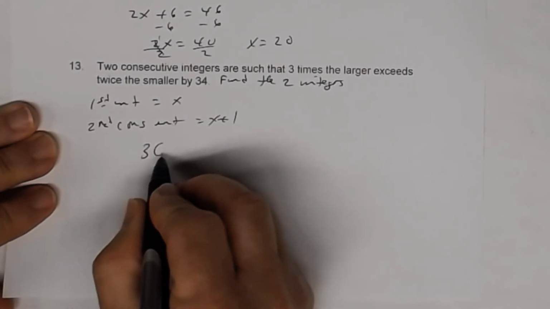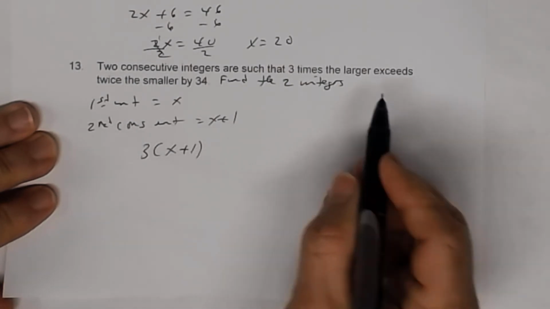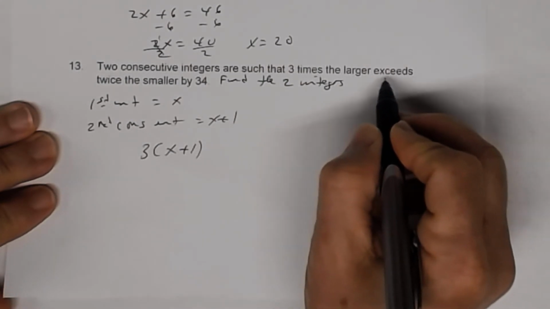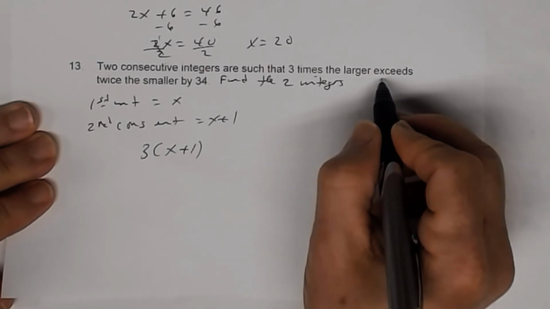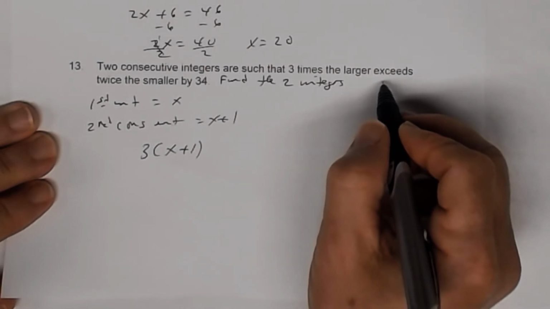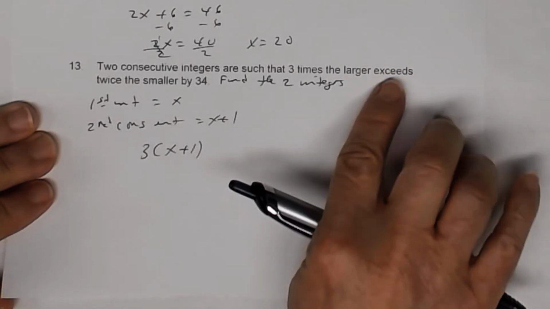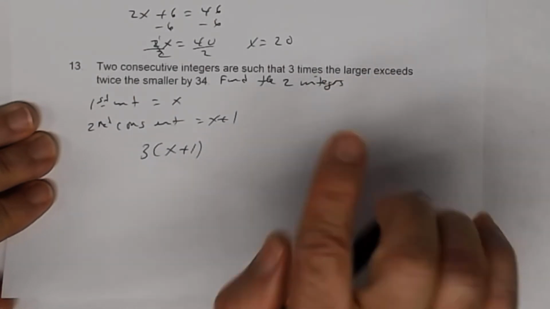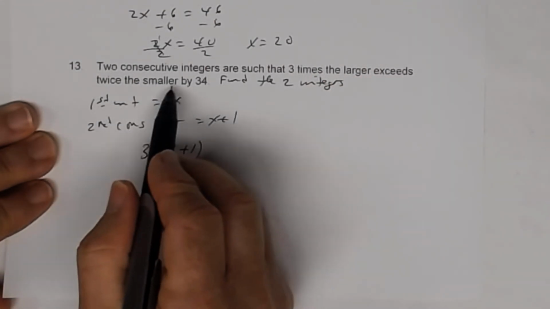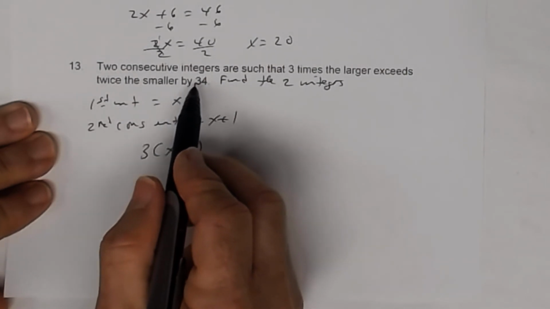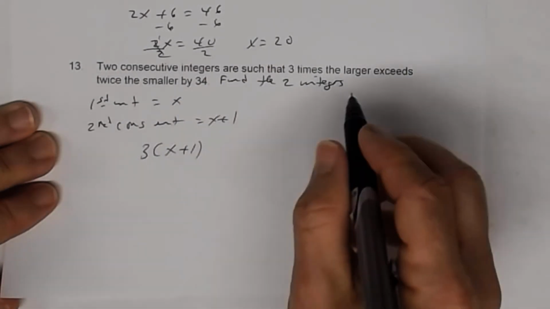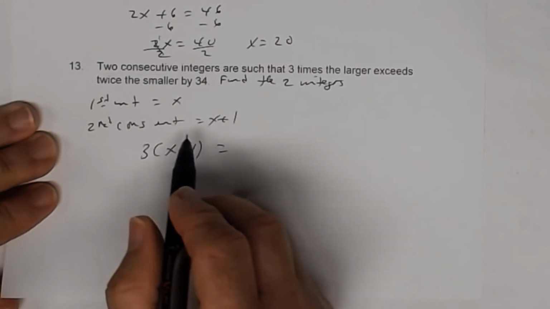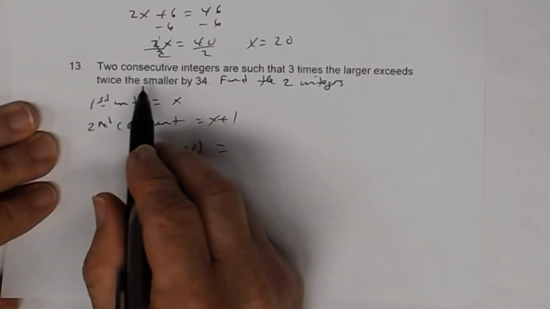So 3 times the larger exceeds, and exceeds means more than. So it means it's increasing by 34. That's what that means. So it is 34 more than twice the smaller.